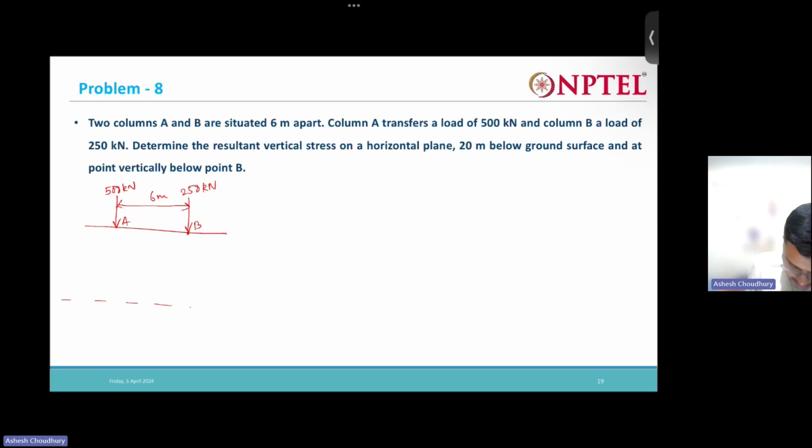So now at a horizontal plane 20 meter below, at this point you need to find it below B.